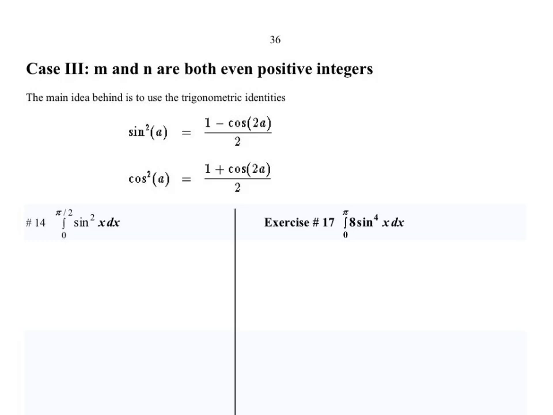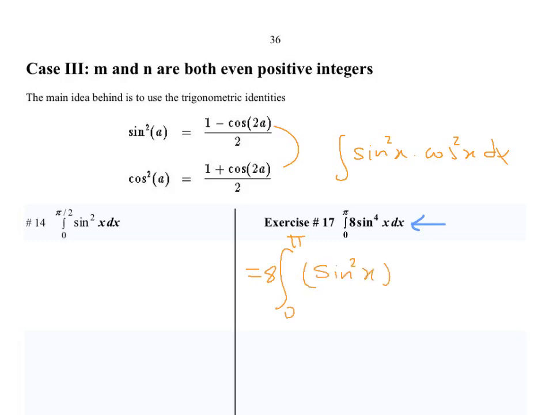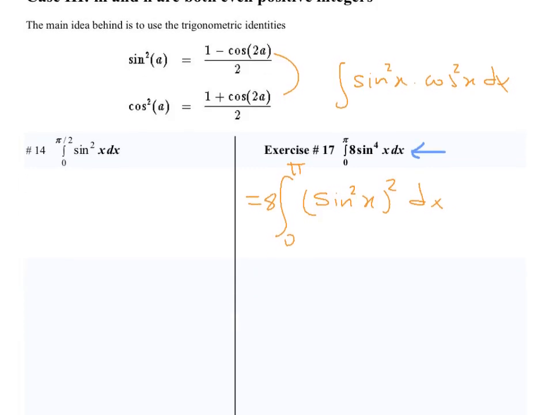Another example for even powers is sine to the power of 4. The technique I'm going to use now can also be used to integrate sine square cosine square. Both powers have to be reduced using these identities. So here we are going to say 0 to pi, let's keep the 8 out. Sine 4 can be written as sine square x squared, or sine square times sine square.